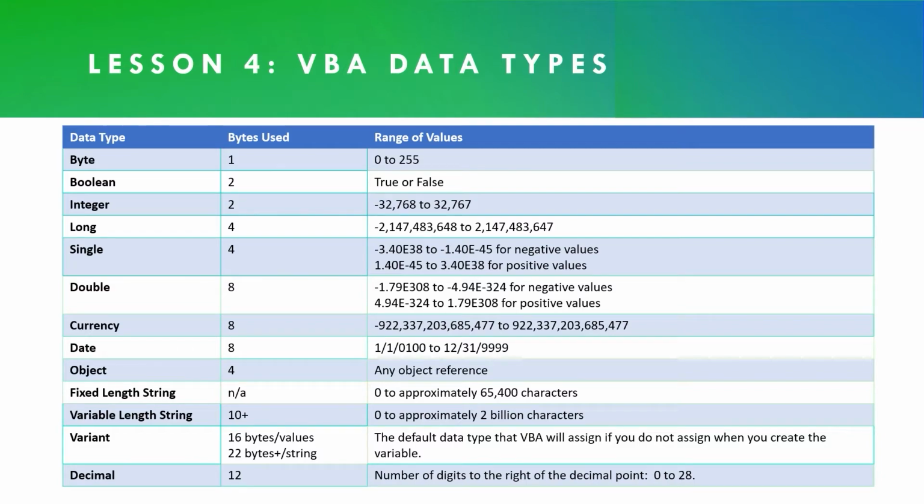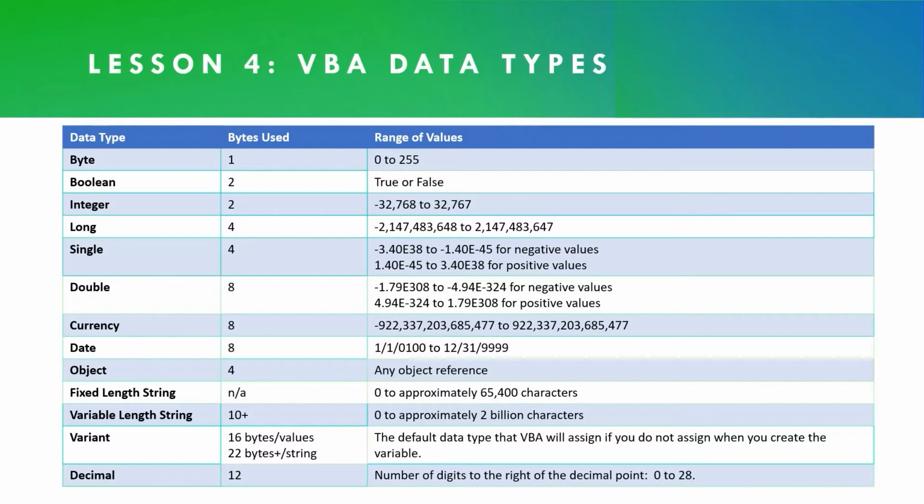And when you declare variables, you should assign them a data type. So on this slide, it's talking about the data types that are available in VBA. And you can see the name of the data type, the number of bytes that are used, and the data type's range of values. The byte data type uses 1 byte and has a range of values from 0 to 255.